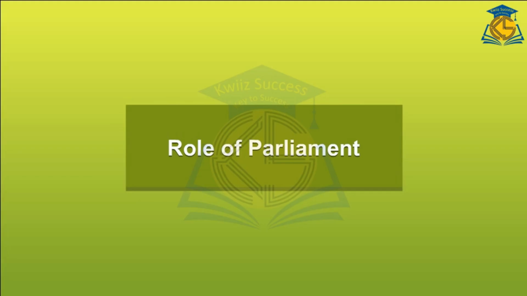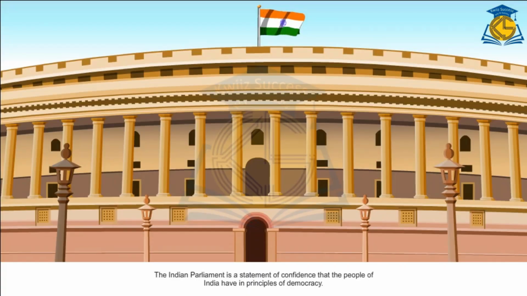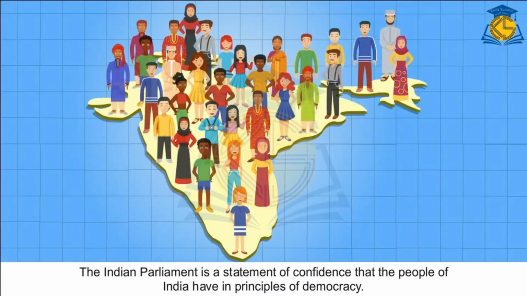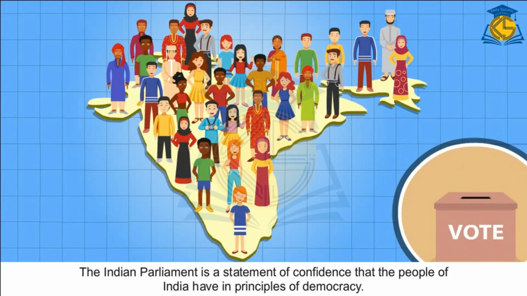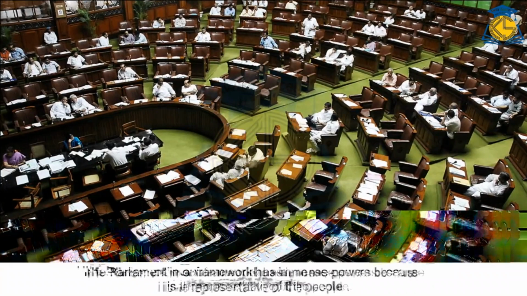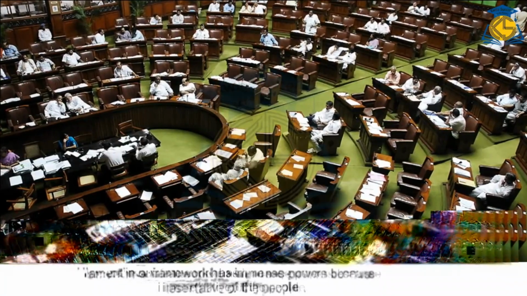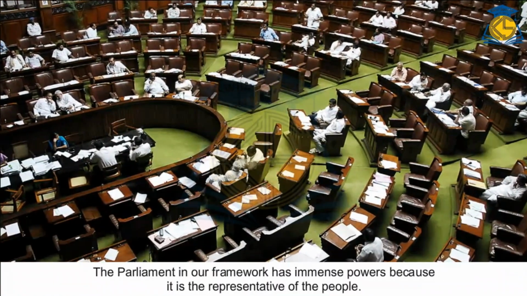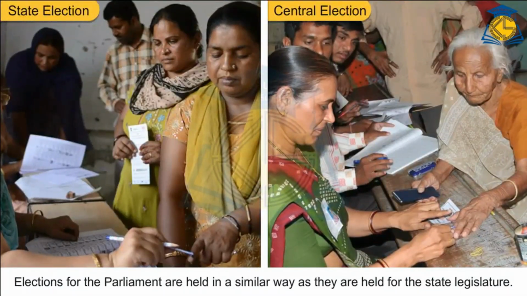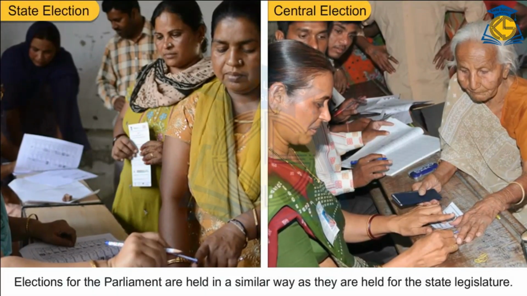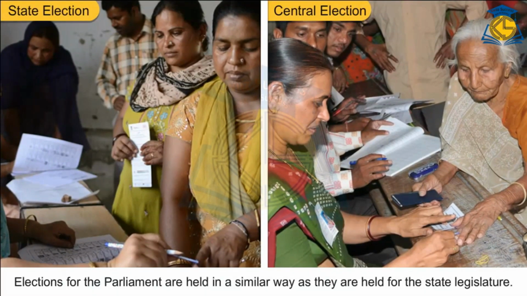Role of Parliament. The Indian Parliament is a statement of confidence that the people of India have in principles of democracy. The Parliament in our framework has immense powers because it is the representative of the people. Elections for the Parliament are held in a similar way as they are held for the state legislature.